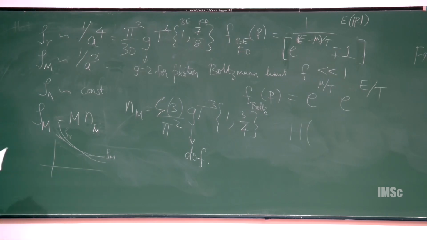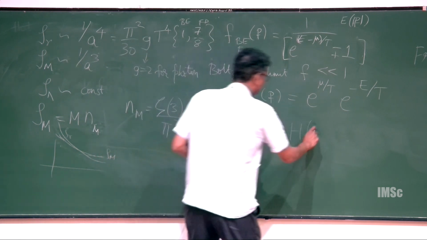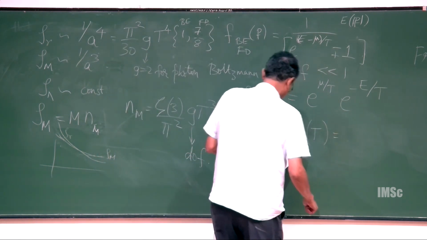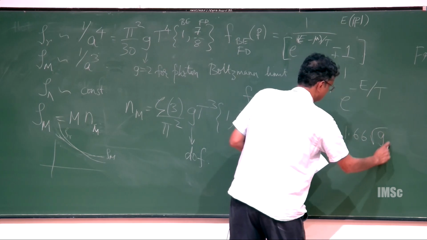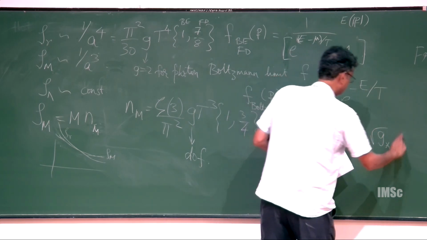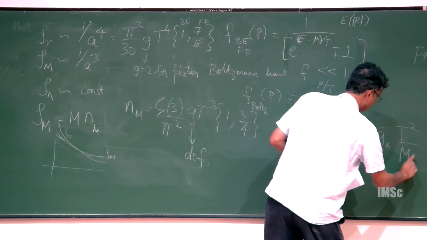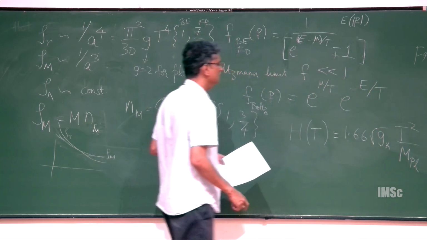So in the beginning you think of the universe as radiation dominated, and in the radiation dominated epoch you have H of t given by T squared over M Planck.